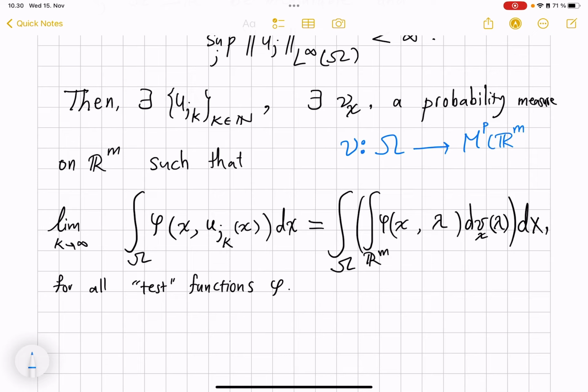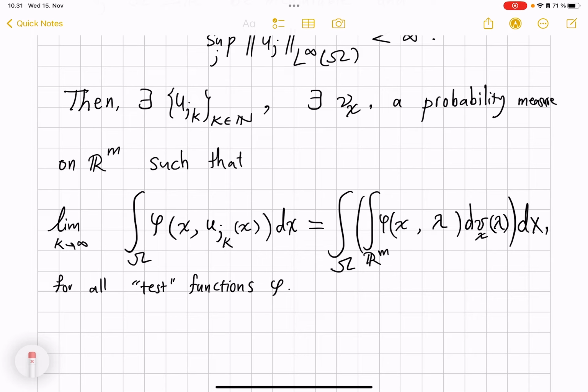So suppose this is all probability measures on Rm, and this association is just a function. So they have made precise this notion that this nu is itself measurable. Of course, for this, we need a lot of background.